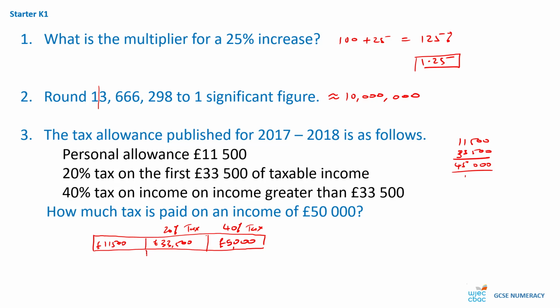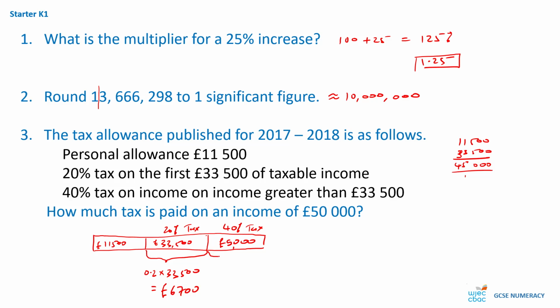Now then, to find the tax here, I do 0.2 or 20%, I'll use the multiplier, times 33,500, and that gives me on my calculator £6,700.